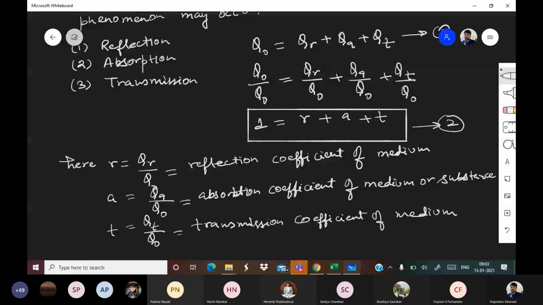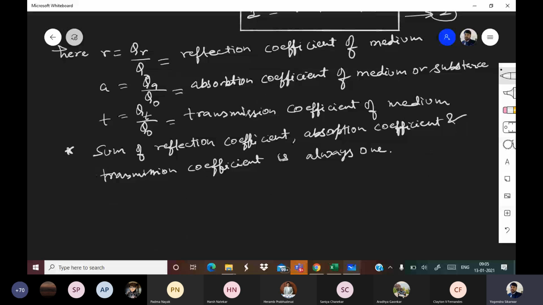Sum of reflection coefficient, absorption coefficient and transmission coefficient is always 1, or unity. Any doubt, any question? Good.